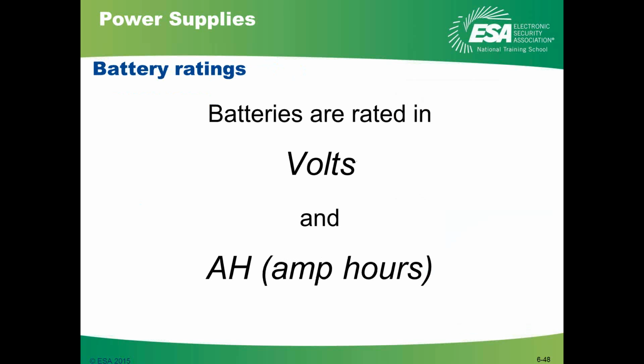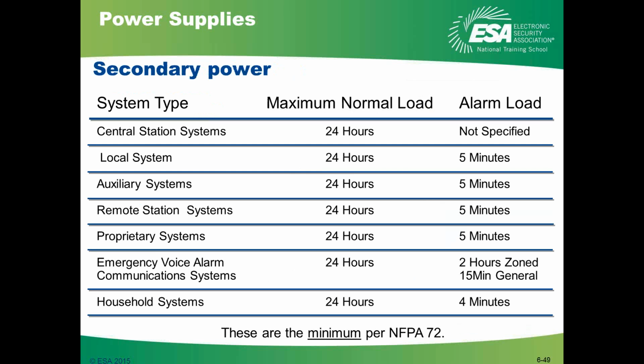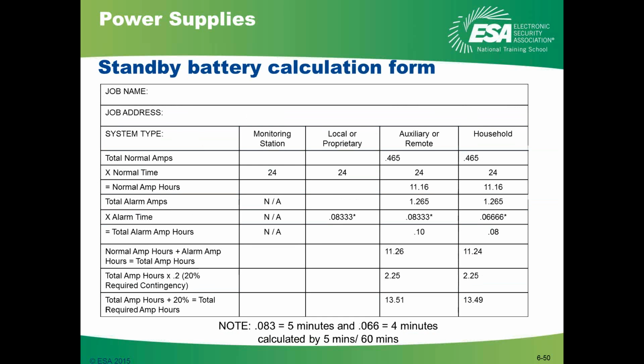VA rating, and system power types. Again, this is the minimum. This has been this way for a number of years now. And then here's the calculation form. You'll notice that we've changed the total amp hours from a 20% suggested to a 20% required.